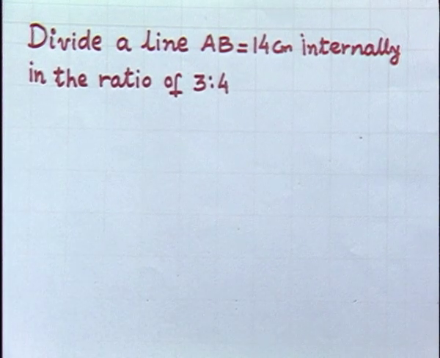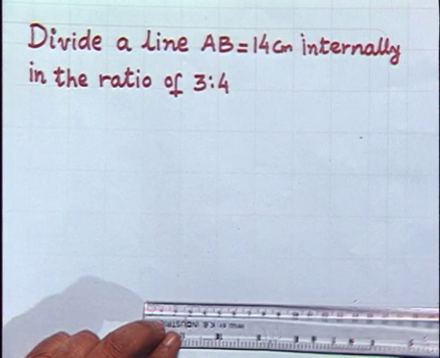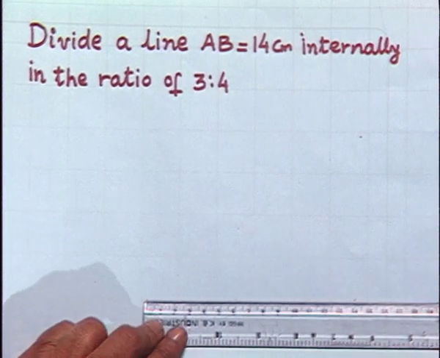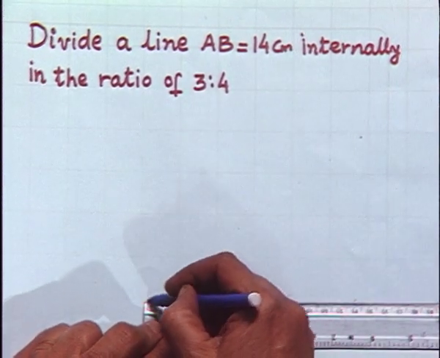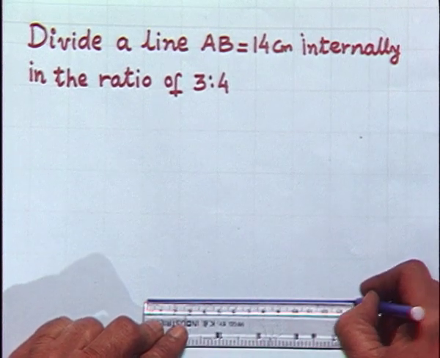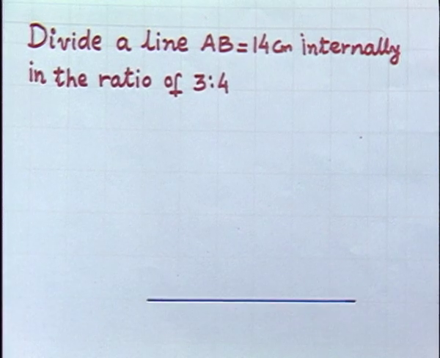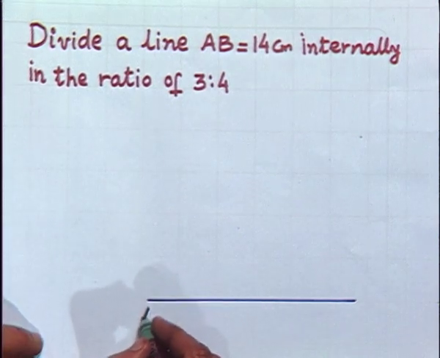To divide the line AB, which is 14 centimeters in length, first we shall draw a line which is 14 centimeters, naming this line as AB.